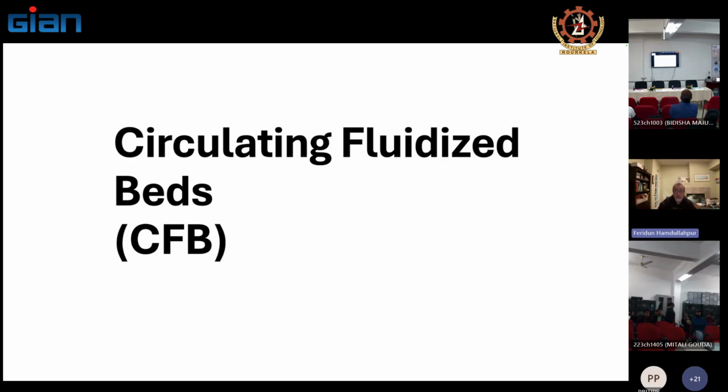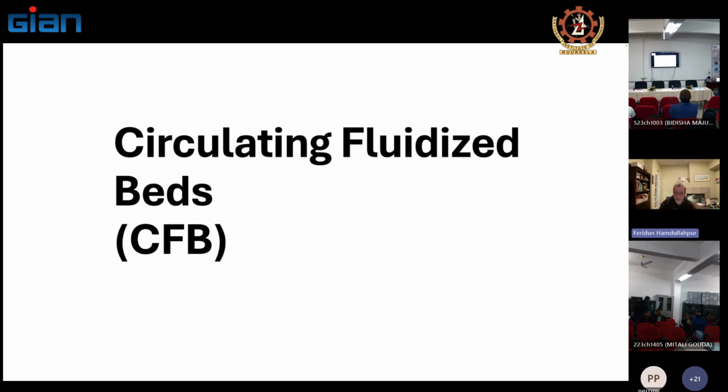So you have bed material, reactants, fuel, and all of those escape. And more than that, they all carry a significant amount of thermal mass with them.